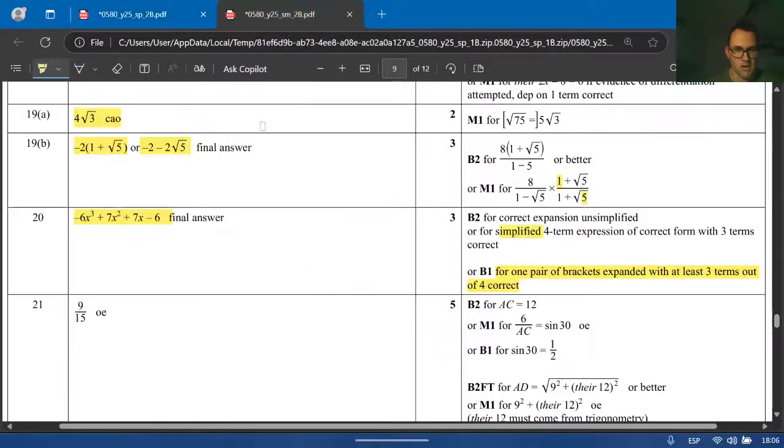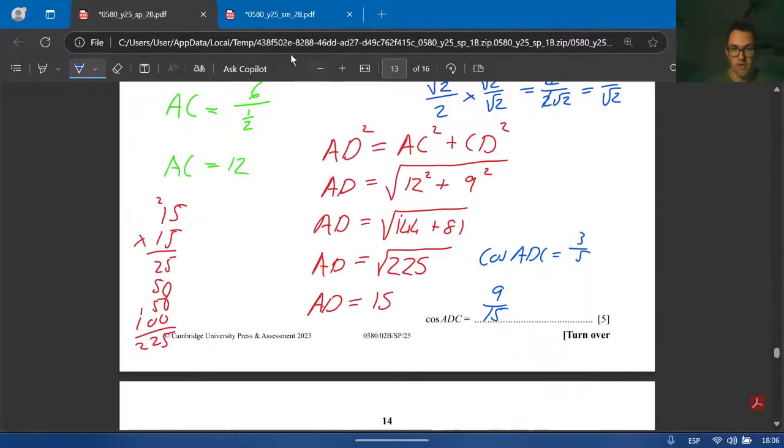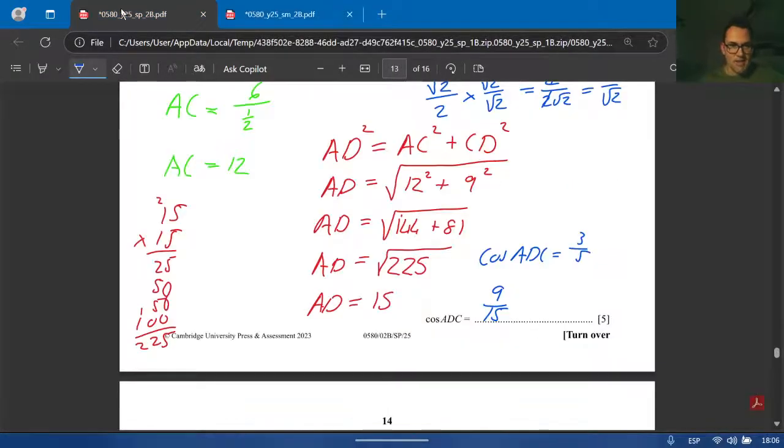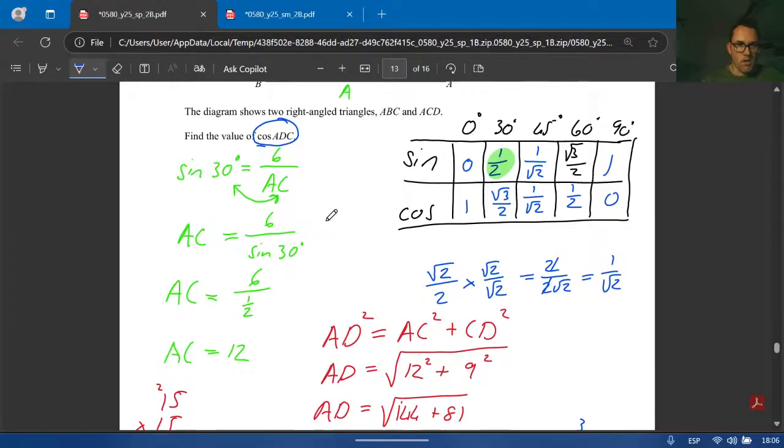But let's see what the mark scheme says. 9/15 is good enough, or equivalent. So if you do simplify it, that is fine as well. Okay, so let's just see where the marks lie here. You get 1 mark for writing this down and 1 mark for getting the answer there.